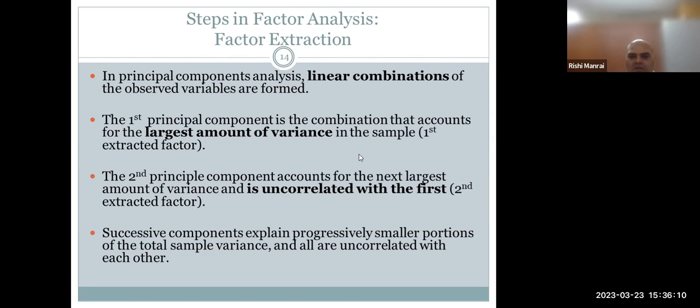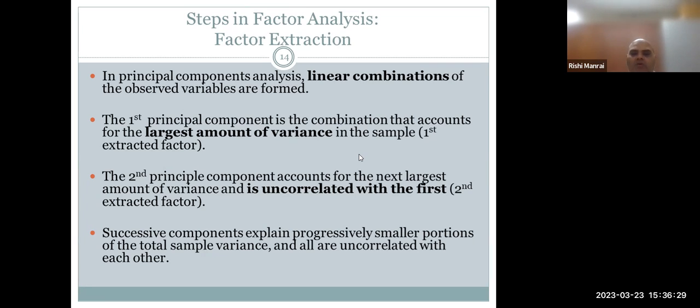The number of variables which are combined to form one construct or one factor at number one is the one which explains the maximum amount of variance.